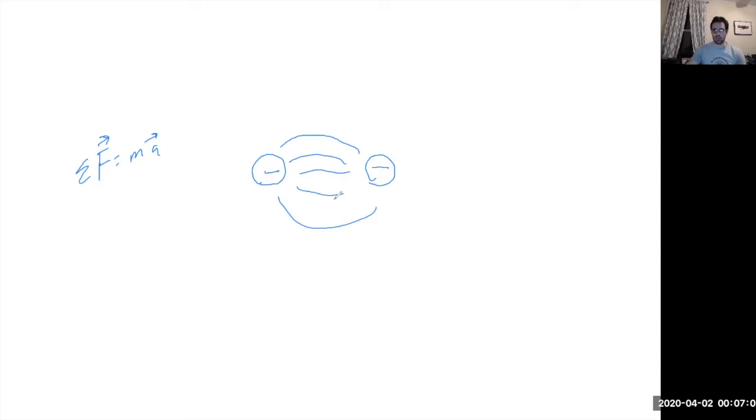We have two negatives near each other, and we want to know what type of force they exert on each other. And what we're going to see is that this one will have a force pushing it that way from this one on the right. This one will have a force pushing it this way.